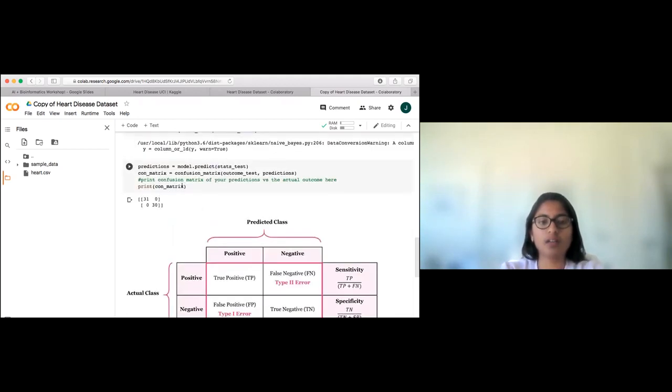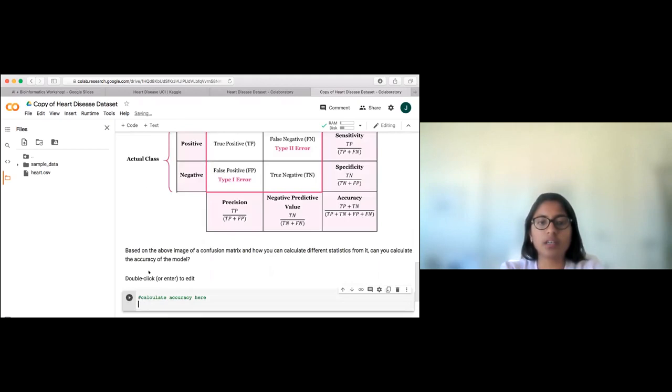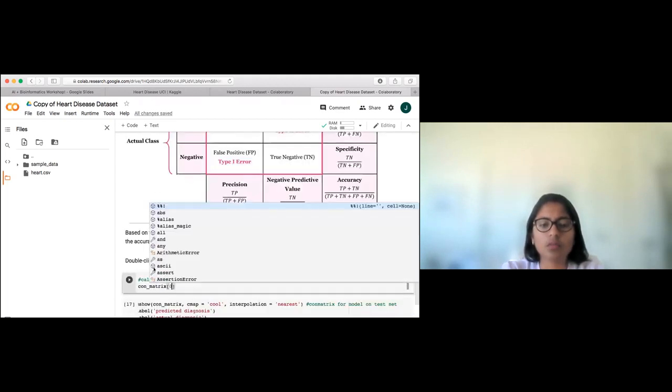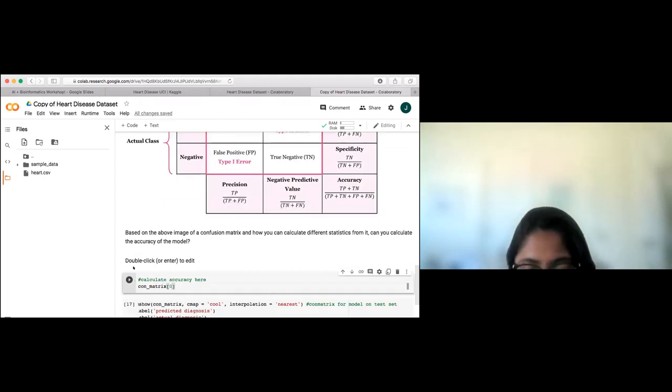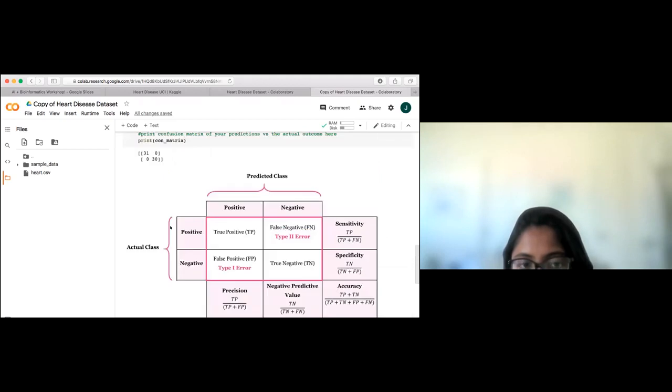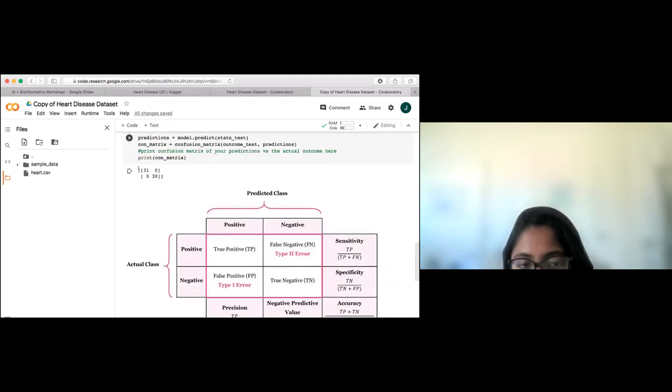So conf matrix is a matrix, and if I say conf matrix index 0, I get this array, 31, 0. That's because this is the 0th row, so I get this row.